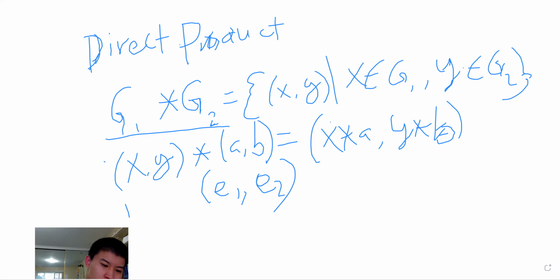So that will be the identity. So that is basically how the direct products are defined.